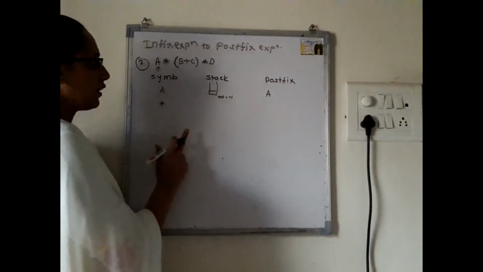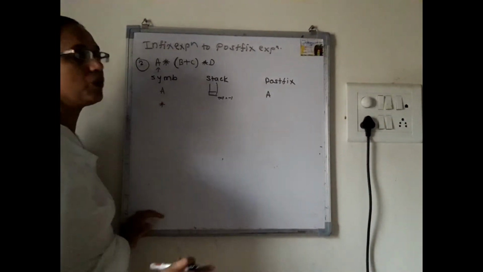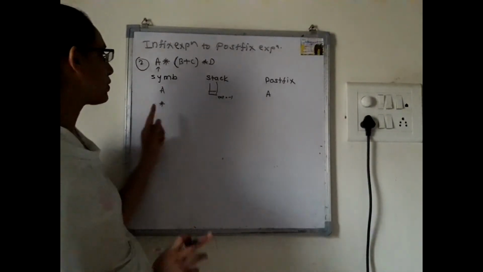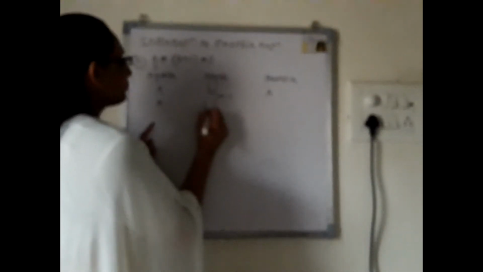Now the next symbol is multiplication. Multiplication is an operator, so we are going to push it into the stack. But before pushing it, we need to check the priority of the stack top element. Now the stack is empty, there is no operator in the stack, so we will directly push this into the stack.